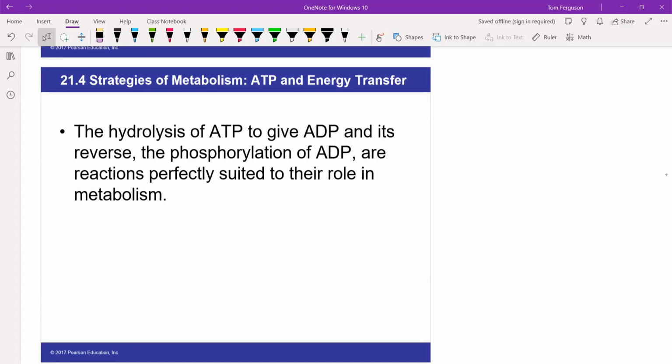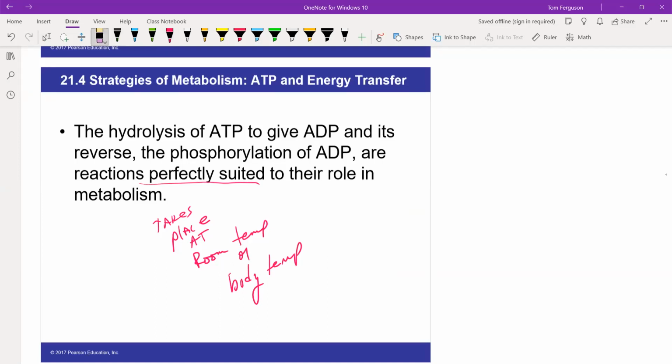Now, one of the reasons it's perfectly suited is because this can take place at room temperature or body temperature.